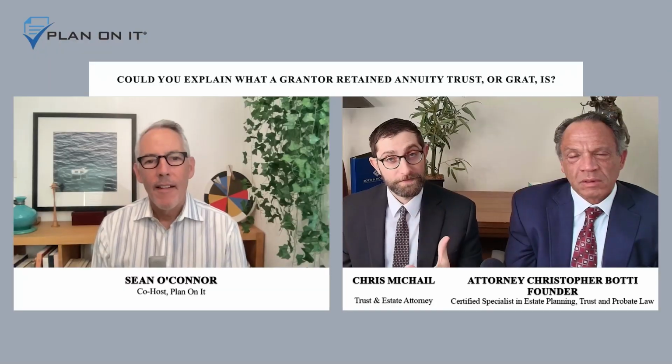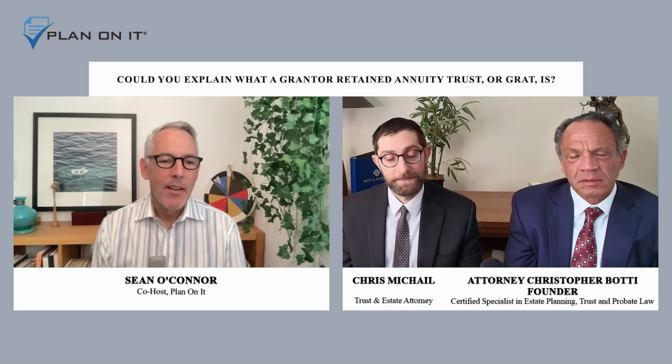How about we just start with explaining what a Grantor Retained Annuity Trust is? First off, it's an irrevocable trust. Most of these advanced planning techniques are irrevocable trusts for very specific reasons. With a Grantor Retained Annuity Trust, you fund it with a very specific type of asset that ideally is highly appreciable.